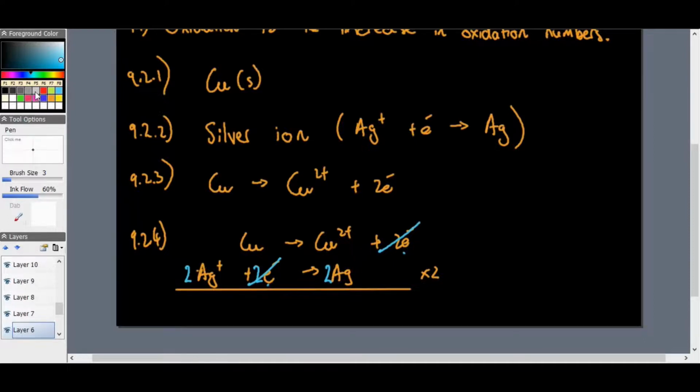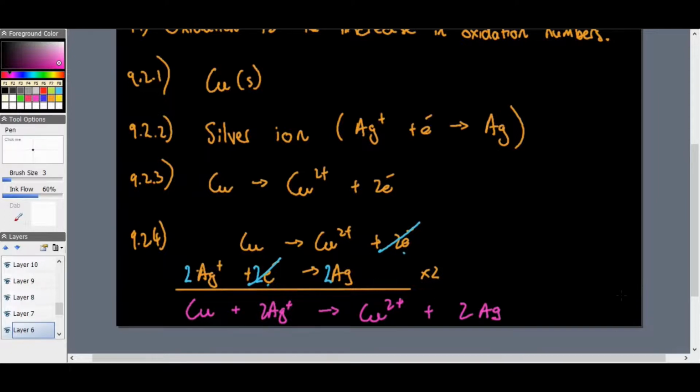And I'm left with, I'll write it in a different color, the oxidation one first: Cu plus 2Ag plus becomes Cu2 plus plus 2Ag, and that's the net balanced ionic equation.